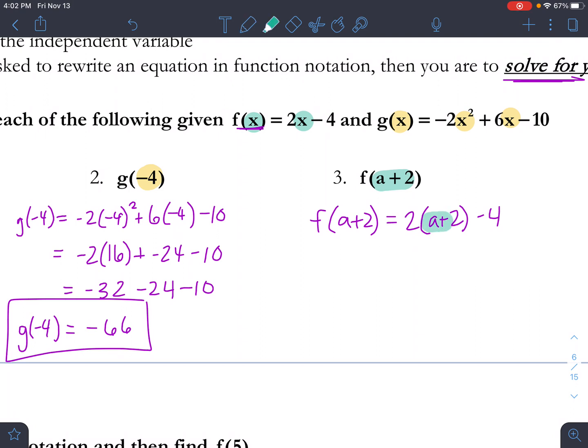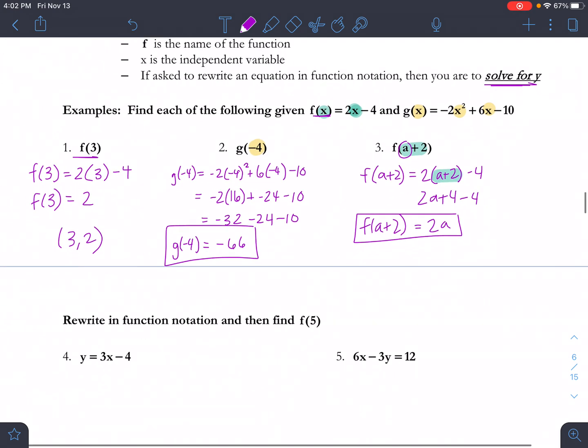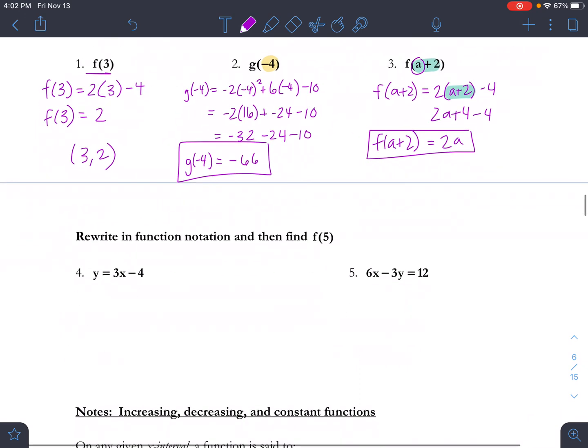So again, it's replacing where x was in our original. So 2a plus 4 minus 4. F of a plus 2 is the same as 2a in the end. So if you have a different variable you're plugging in, you're probably going to end up with a variable in your final answer. All right, so that is evaluating functions, that's what we would call that.